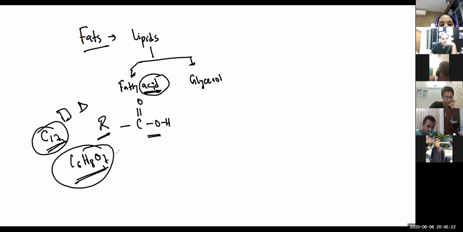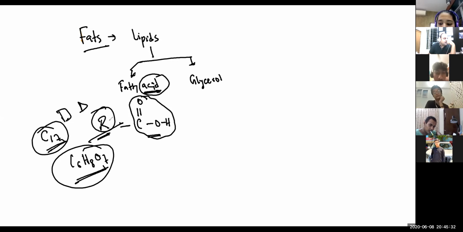So ধরে নাও apart from this carboxylic acid, everything else in this structure is R. Why do we take R? Because they don't take part in the reaction, and they have no role to play here. That's why we take it as an R.